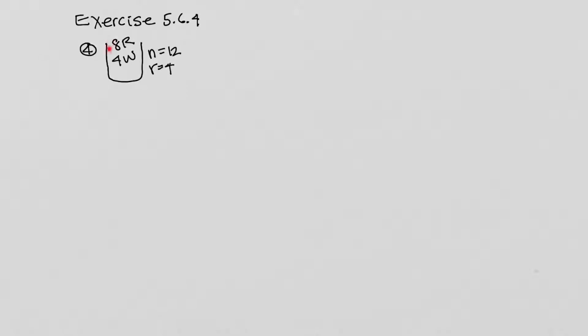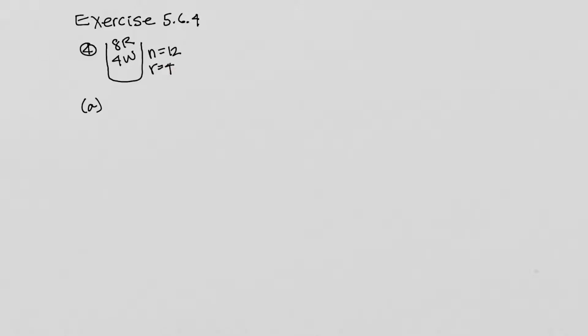I've got 12 balls all together. I'm going to note that as N, and then R will be the number we select. R is 4 because we're going to select 4.